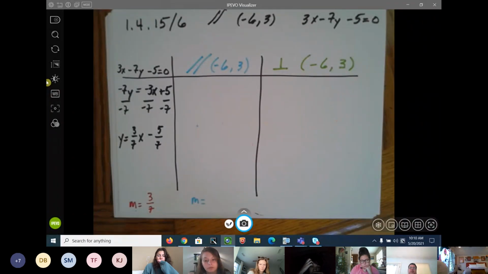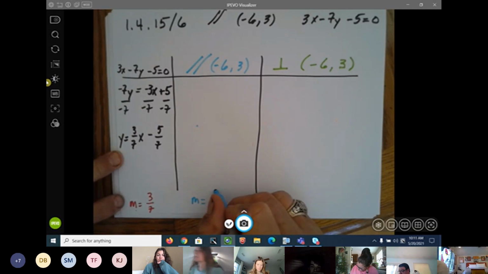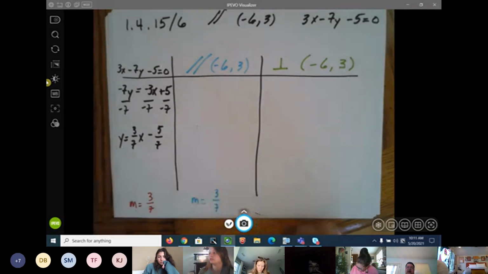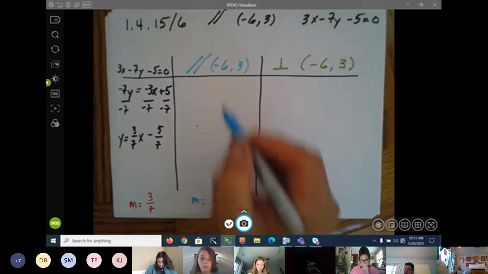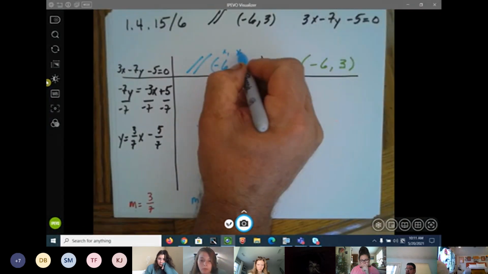Parallel lines, the slopes are what? The same. I think you said the same. Equal, they're equal. And this is x sub 1 and y sub 1.